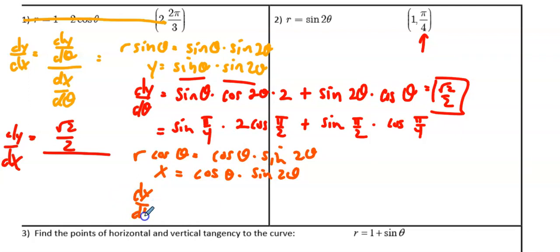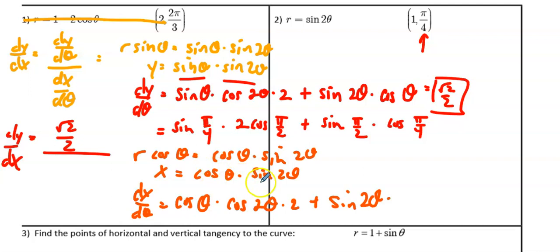So dx d theta is going to be equal to our first times the derivative of our second. So it's going to be the cosine of 2 theta times 2 plus our second, which would be sine of 2 theta. And then we're going to multiply by the derivative of cosine, which is going to give you negative sine theta.